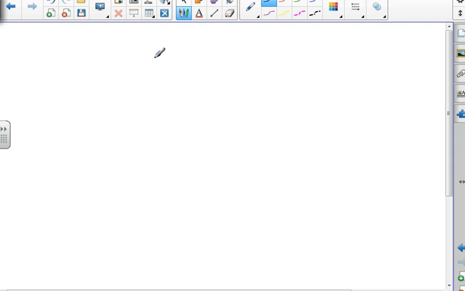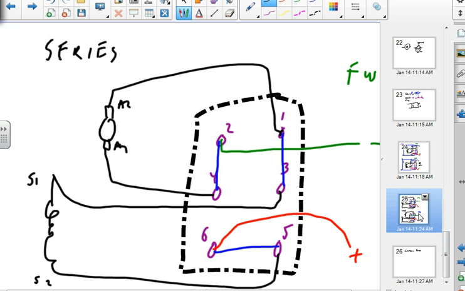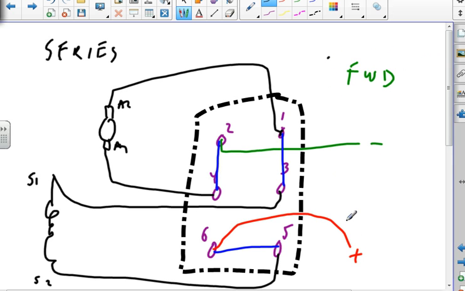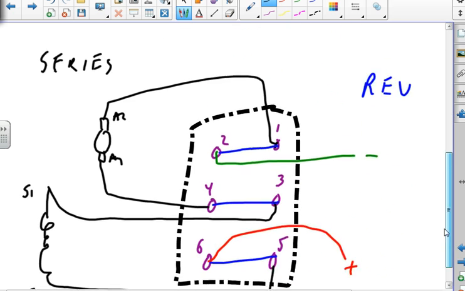And this is for my compound motor. Can you go back to that one? Okay, moving back one. That one, thank you. So I'm going forward. I go positive into S2, out of S1, into A2, into A1. So I've got reverse.